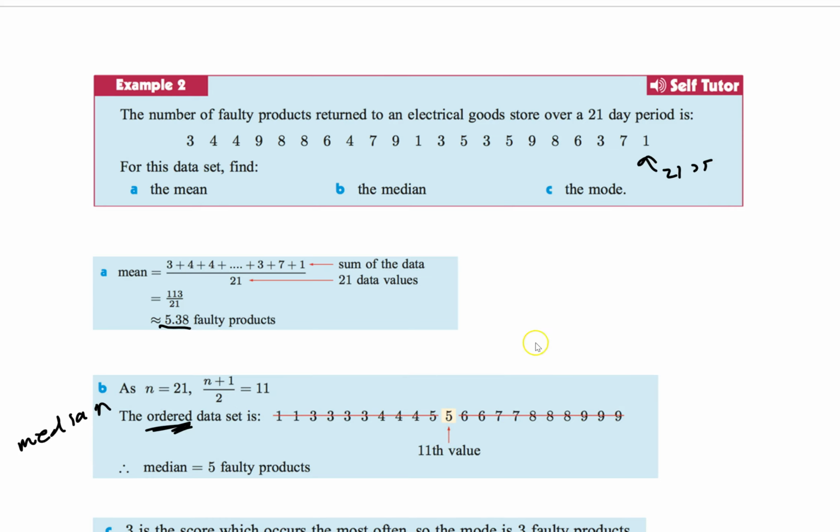If you use the n plus 1 over 2 formula we talked about earlier, you would get 21 plus 1 over 2, which is 22 over 2, or the 11th term. So you can just count to 11, or you can do the baby method where you cross out each side until you get to the middle term. Whatever works. And then the mode, the most often digit, you just look at all these numbers. Looks like 3 is the most, so there's 4 3s. So that'll be the mode.